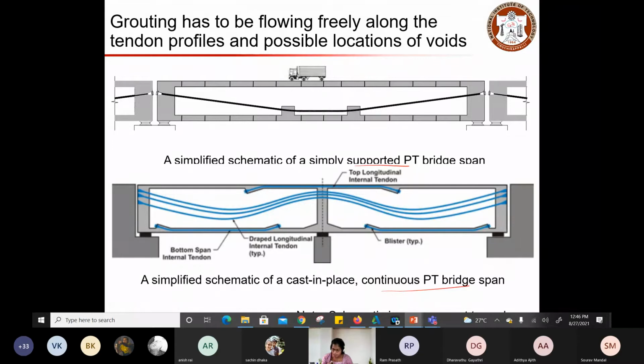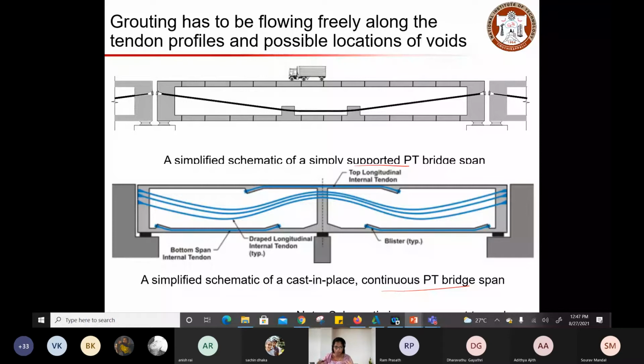When you have simply supported structural elements, you can go with simple straight profile tendons, but it can be halved at required locations. So you have a straight tendon profile as shown here, whereas when you have continuous beam members, you have hogging and sagging moments, negative and positive moments, and then the profile has to be given accordingly.